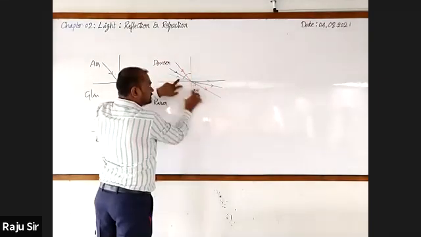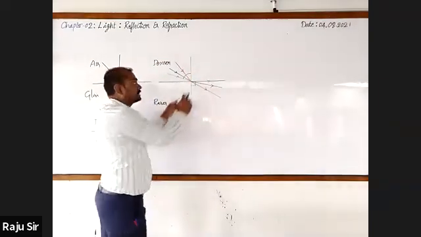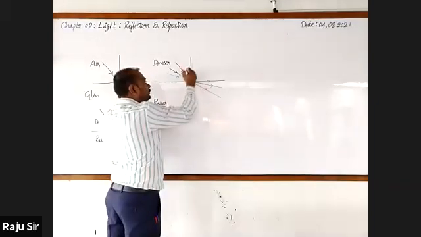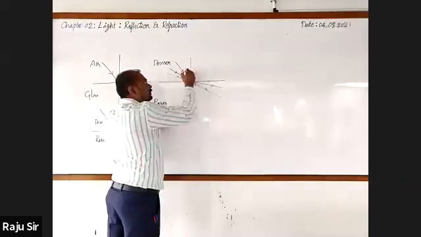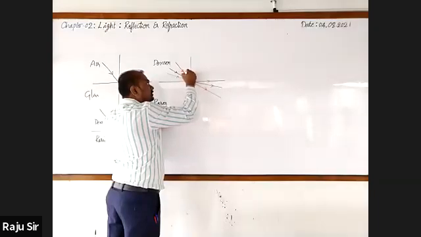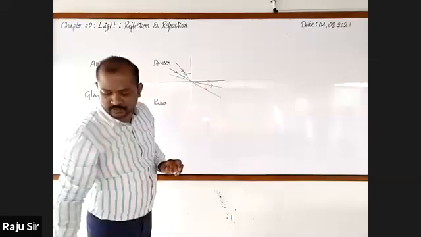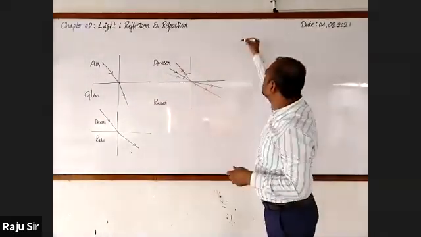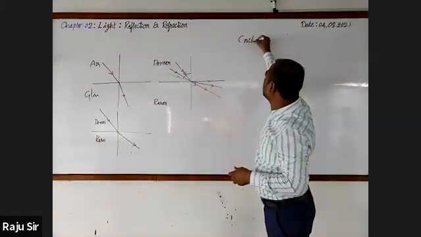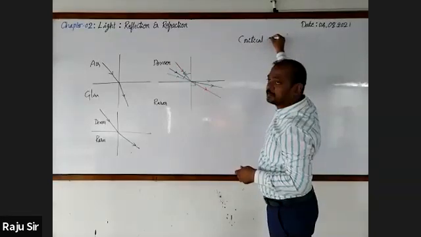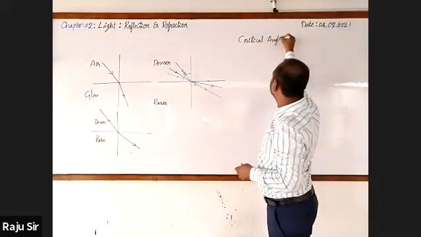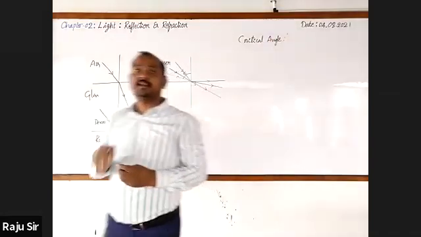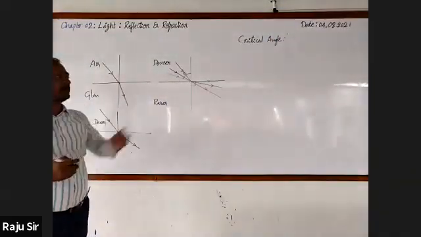See, when the light ray is traveling from denser to rarer medium, one angle of incidence makes the angle of refraction 90 degrees, and we call such an angle of incidence the critical angle.